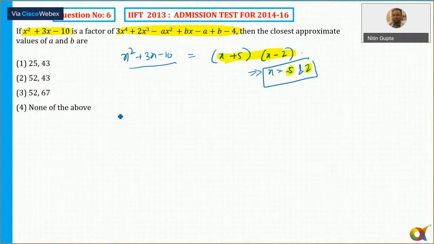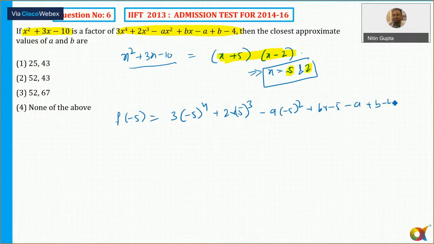Okay. क्योंकि फैक्टर है तो सब्स्टिट्यूट करने पे 0.